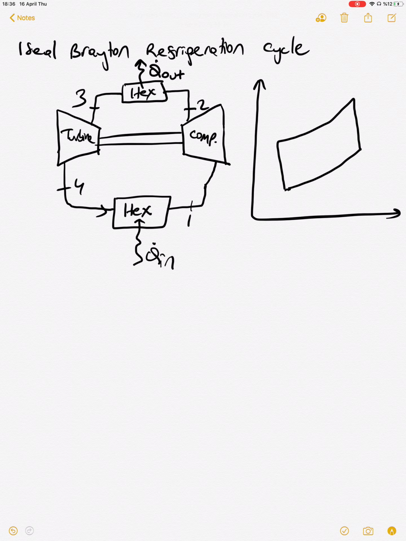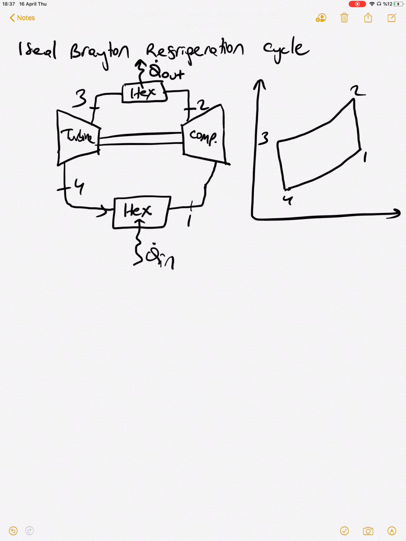So we have state 1, state 2, state 3, and state 4. Okay, so please take a look at your notes. This system is used also for refrigeration.